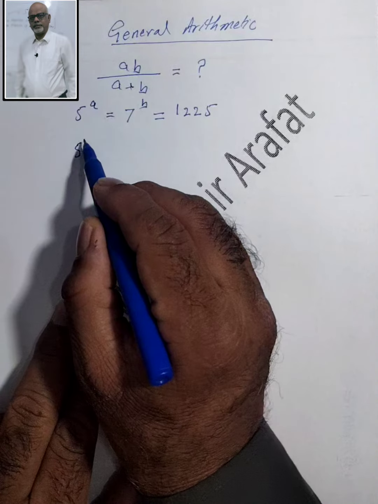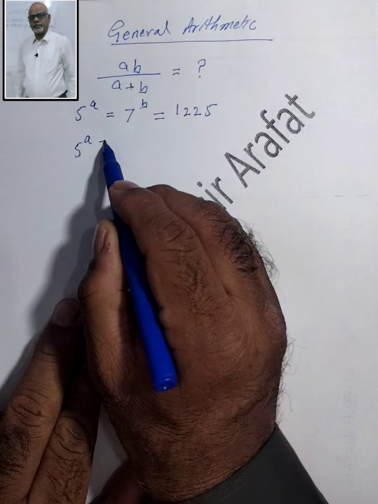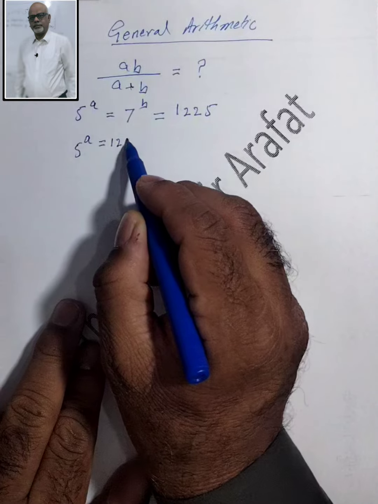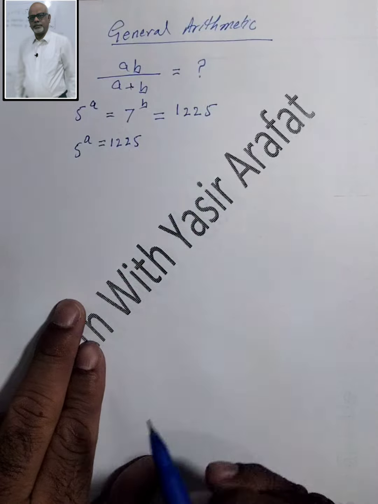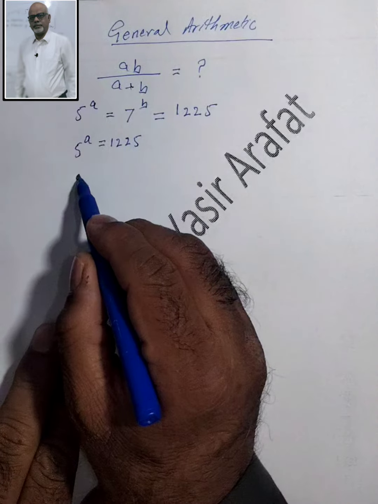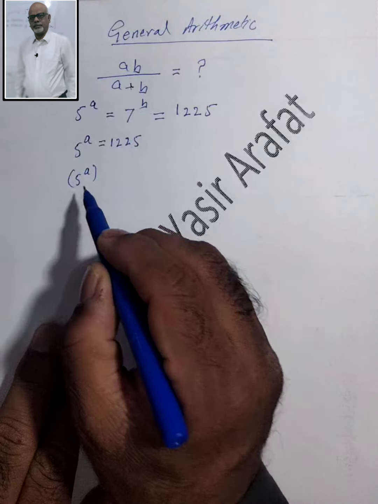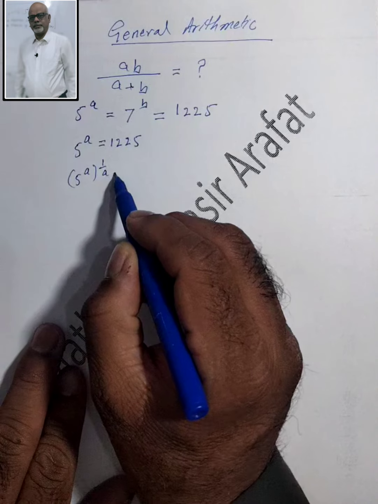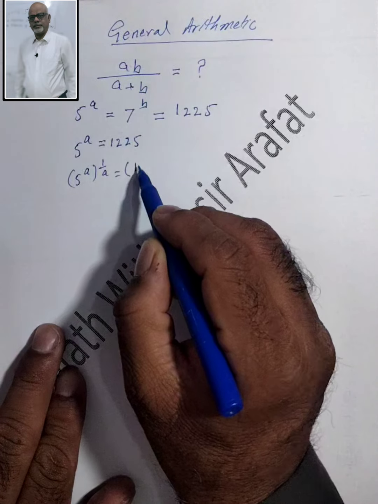So let's start this question. 5 to the power a equals 1225. We have to find the value of 5, so we take the power 1 over a on both sides.